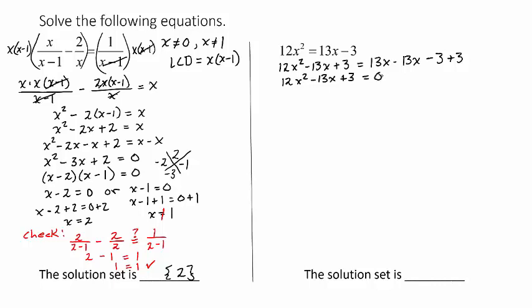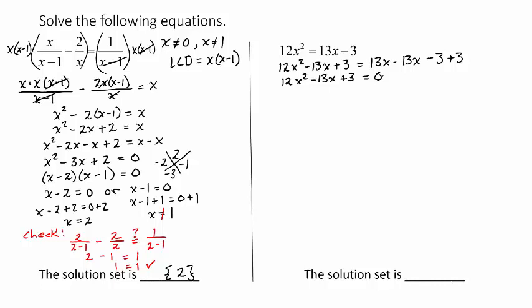All right, so my first question is, I notice that this is a quadratic and it has a leading coefficient that isn't 1. So we might need to use the AC method on this. The next thing I would look for is, is there a greatest common factor I can pull out? Well, no, because 13 is prime, as is 3, right? 12 isn't, but we're stuck here with a leading coefficient that is not 1.